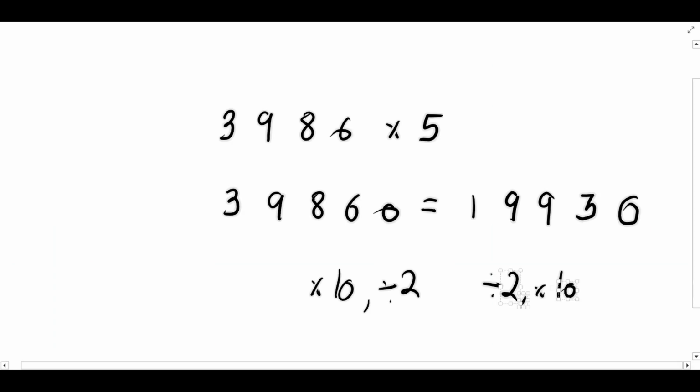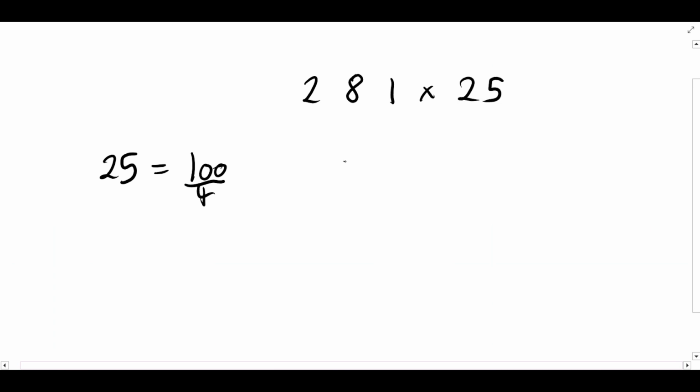So let me show you another quick example of 25. Now 25 means 100 by 4. So if you take a number, 281 into 25, what do you do? You multiply it by 100: 28100. Halve it twice, because 4, as I showed last class, is 2 into 2.